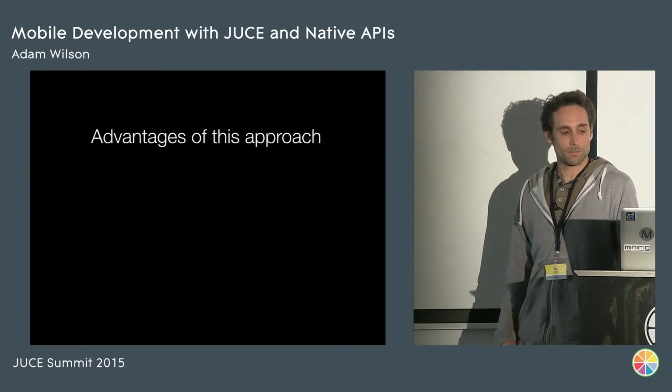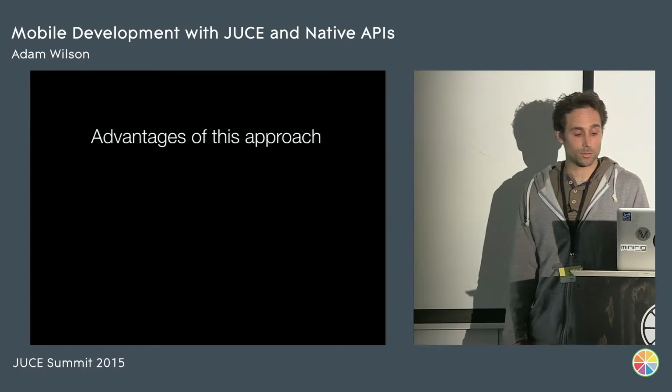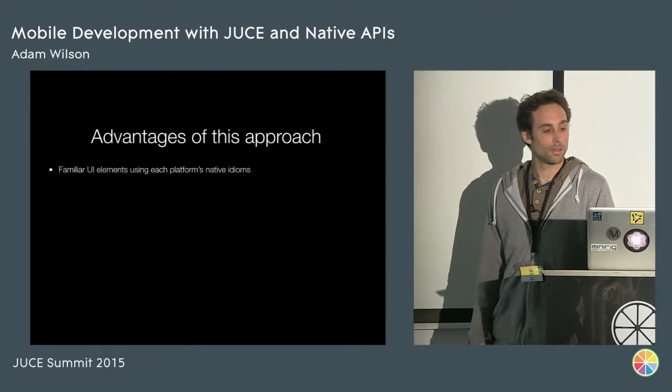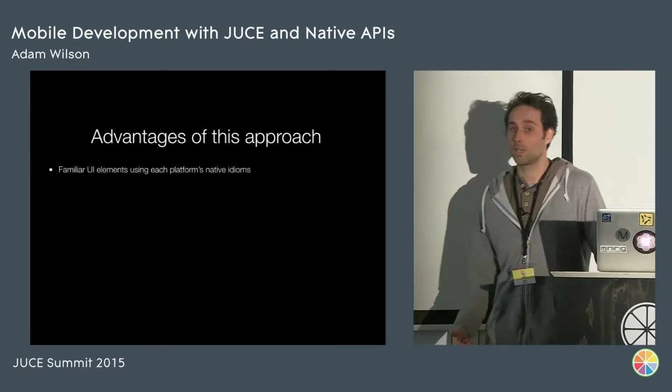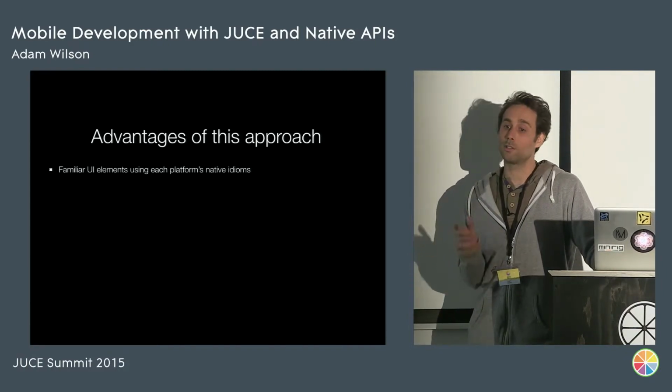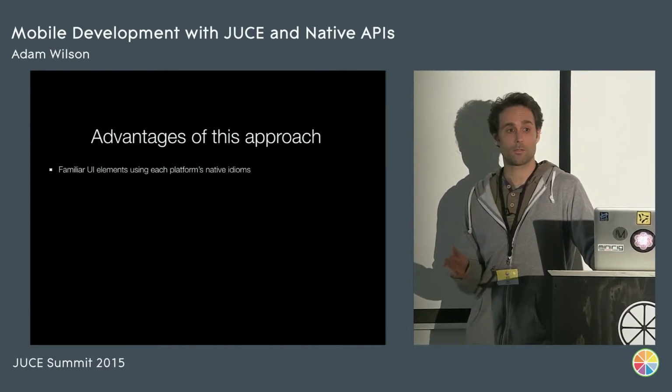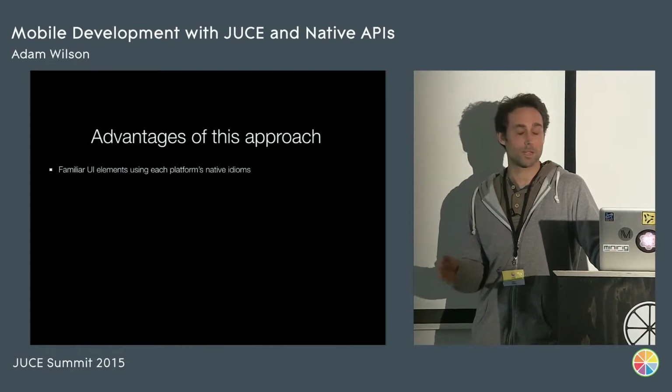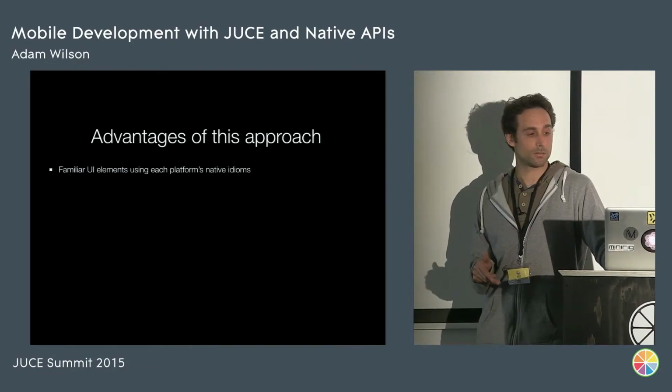So what are the advantages of this approach? Well, one of the really good advantages, I think, is you're presenting users with familiar user interface elements that they're used to from other apps they use on whichever platform their mobile's running.